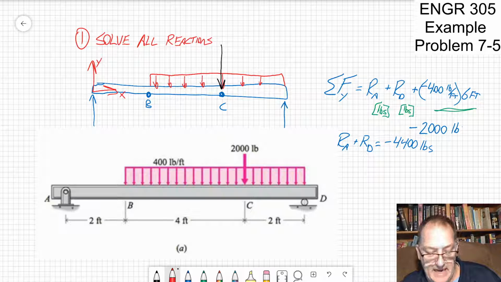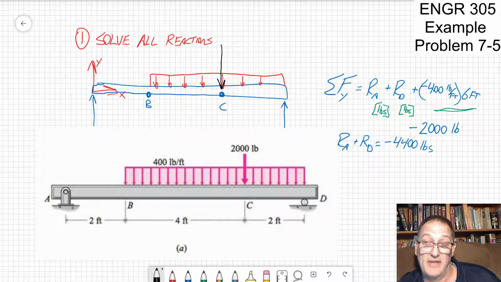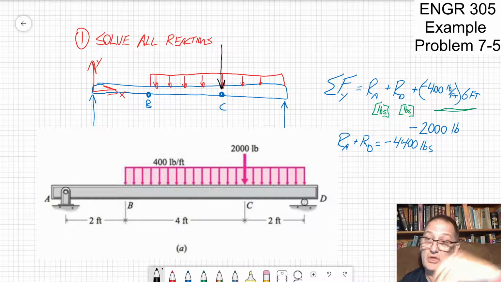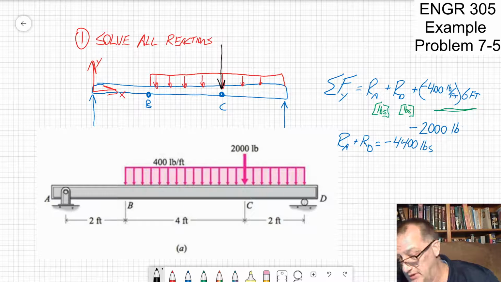All right, and then I also have, I'm going to put a plus, but it's not a plus. Changing to black because that's how I drew that force. I've got 2,000 pounds. Actually, I'm going to put a negative because this is a plus and negative. It's also going to cause that, right? Right hand rule. It's going to cause that to go down.